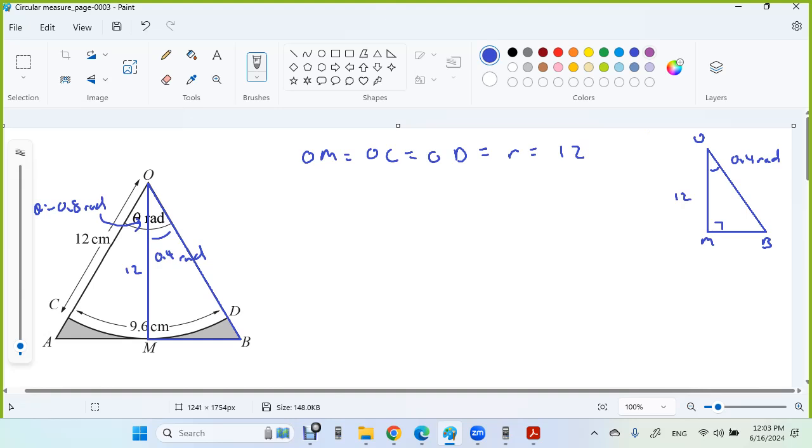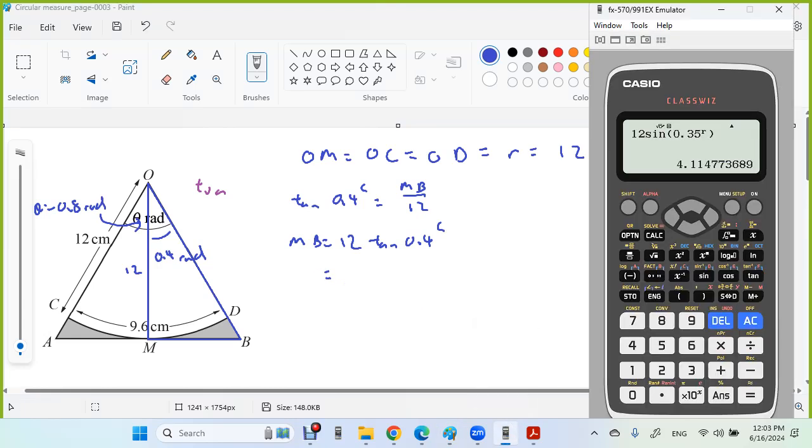So opposite, adjacent. We have tangent 0.4c equals opposite over adjacent, MB over 12. So MB will be 12 tangent 0.4.